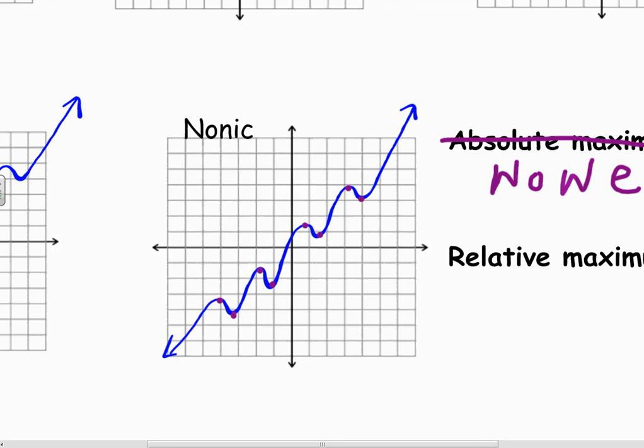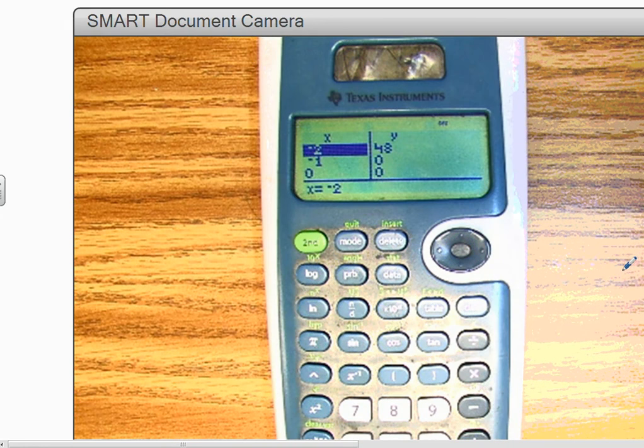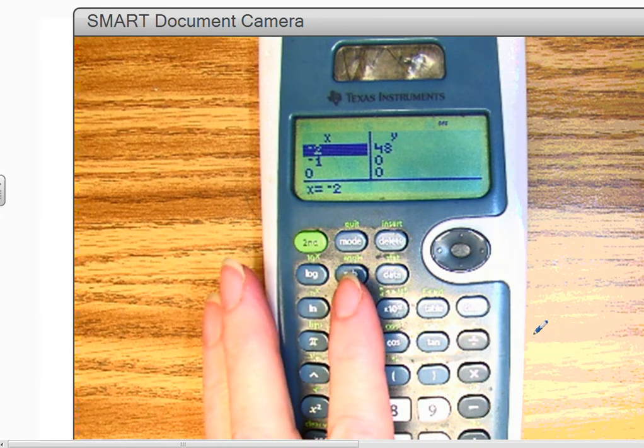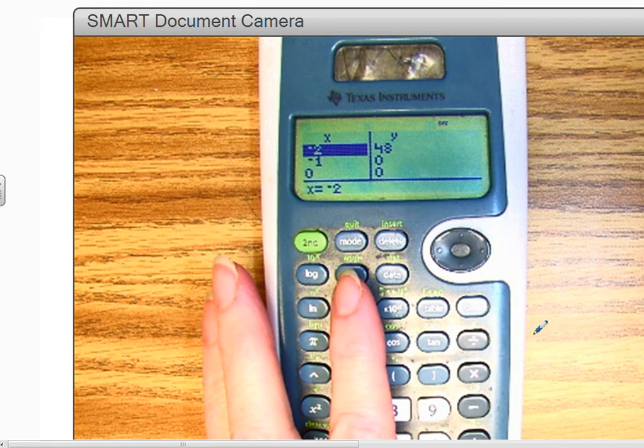Now, what I do want to do is look at a table of values. All right? A table of values. Okay. So let's turn this on. I have a table of values. Okay.